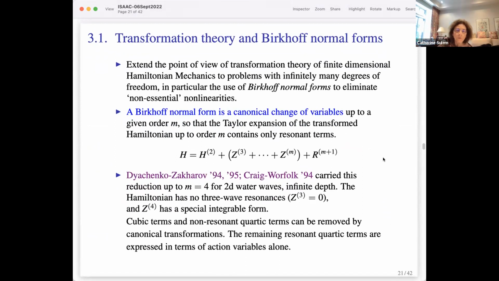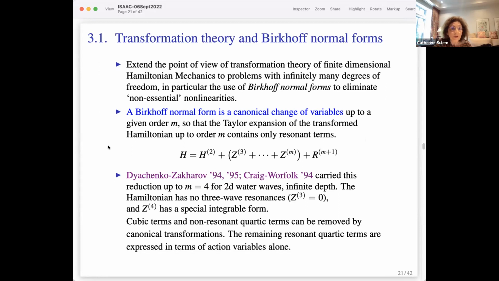Birkhoff normal form is a canonical change of variable, and we can perform it at any order. We'll do it only at order 3, and this Birkhoff normal form will transform the Hamiltonian so that only resonant terms are conserved and the others are eliminated.